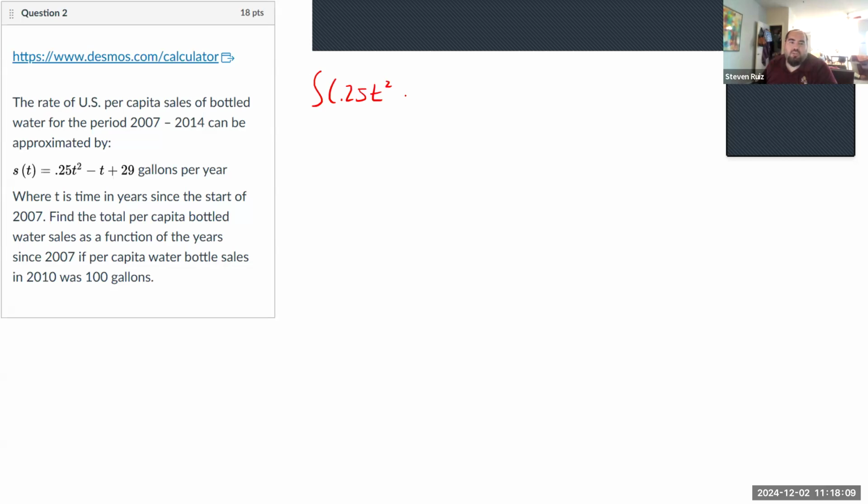So 0.25t squared minus t plus 29 with respect to t. And what will that give me? That'll give me 0.25 times t cubed over 3 minus t squared over 2 plus 29t plus C. Let's clean some of these things up a little bit.